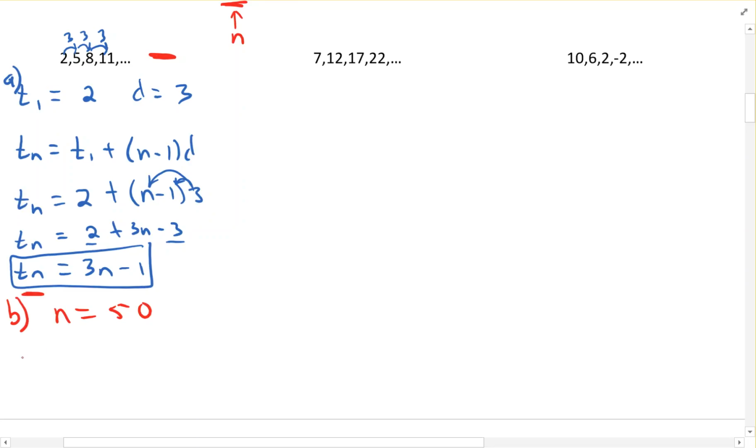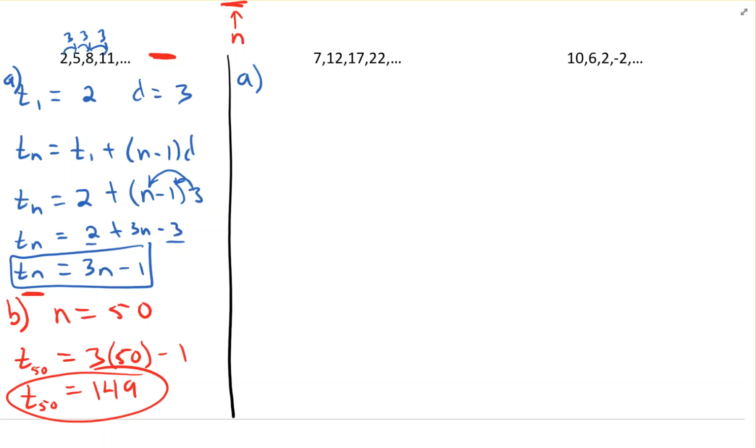So we can say t, and then instead of n, we're going to write t 50 down there to show that we're talking about term 50, is equal to, and instead of 3 times n, I'm going to go 3 times 50 because that's what the term is. Now minus 1, so 3 times 50 is 150, minus 1, so 149. So t 50, we would say, is 149.